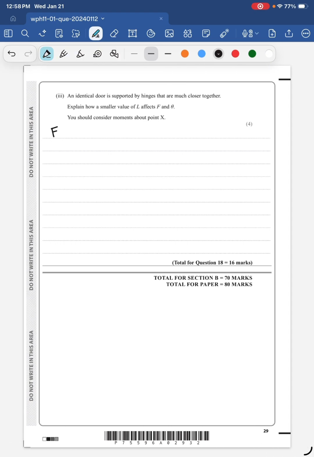So we have F sine theta times L is equal to mg W over 2. So the force is proportional to 1 over L.